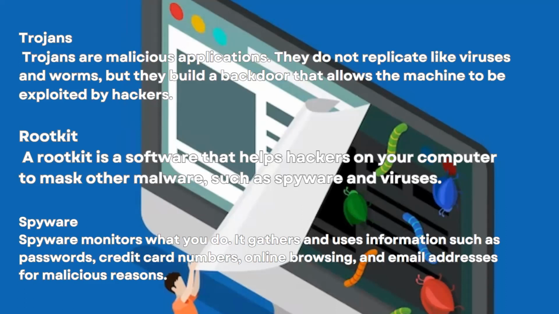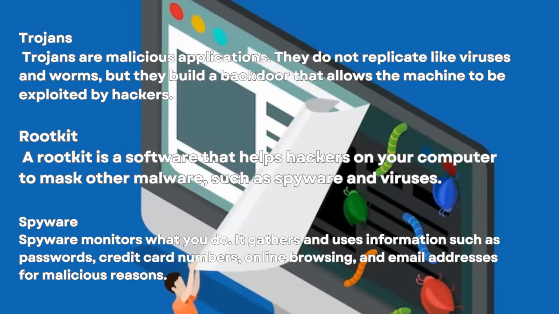It is also malicious software which hides or masks other malware such as spyware and viruses. They install and mask keyloggers in the victim's system without the knowledge of the victim. A keylogger is a form of malware or hardware that keeps track of and records our system's keystrokes, which means which keys we are pressing on our keyboard.